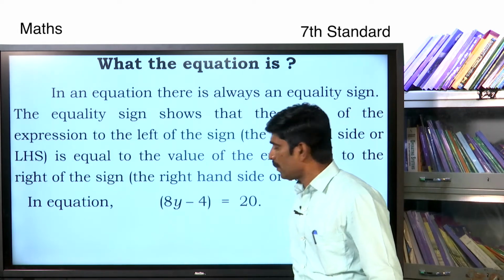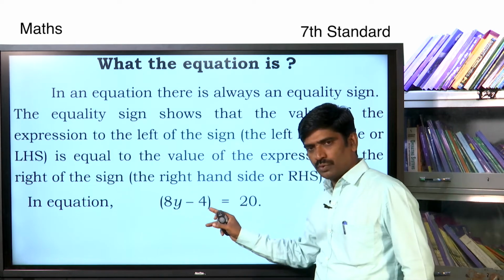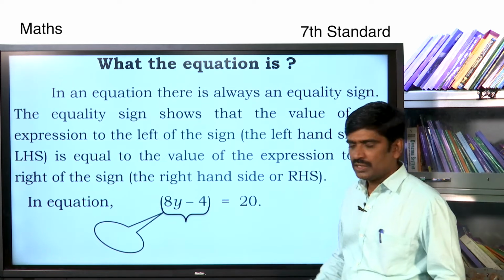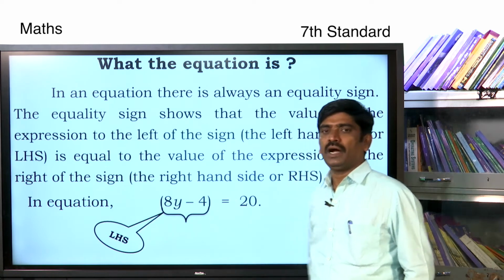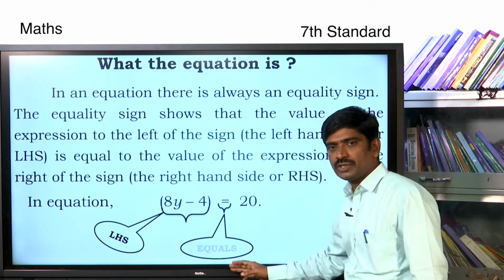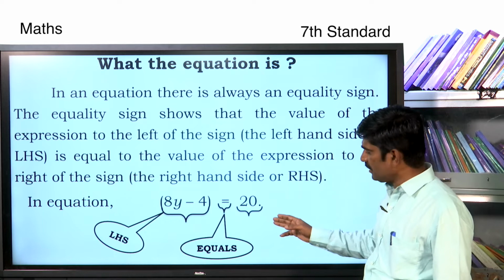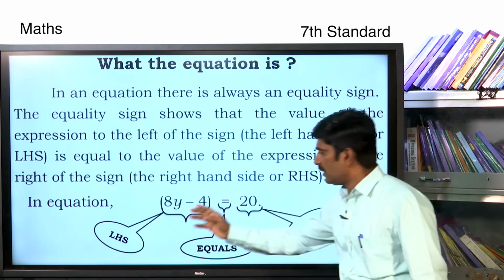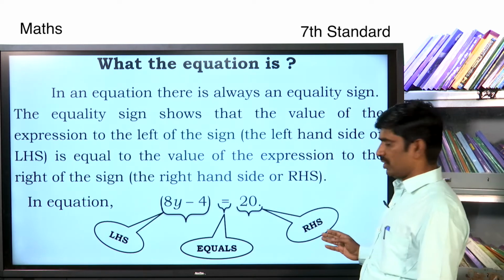In the equation 8y minus 4 is equal to 20, 8y minus 4 is the LHS, the symbol is equals, and 20 is the RHS. See this equation, LHS equals RHS.